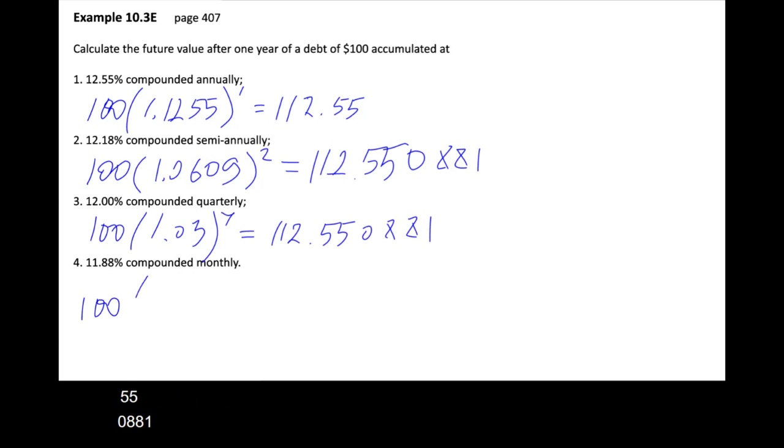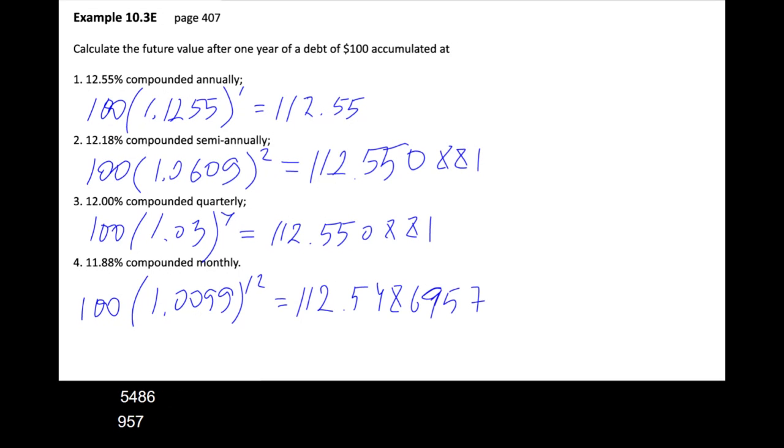So $100, 1.0099 exponent 12. One, 12.5486957. Okay. So, guys, have you finished your calculations?